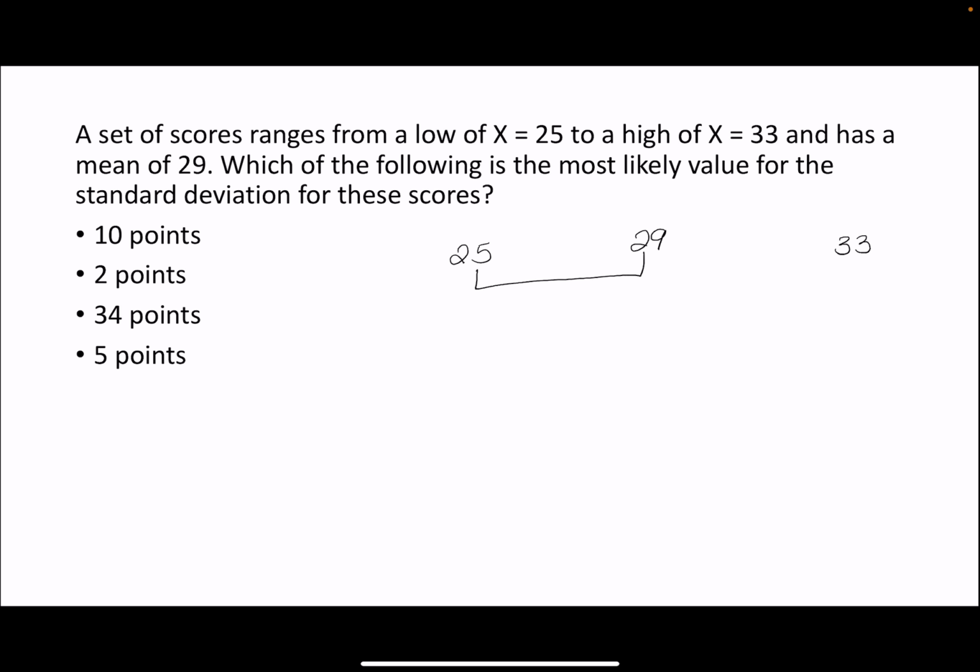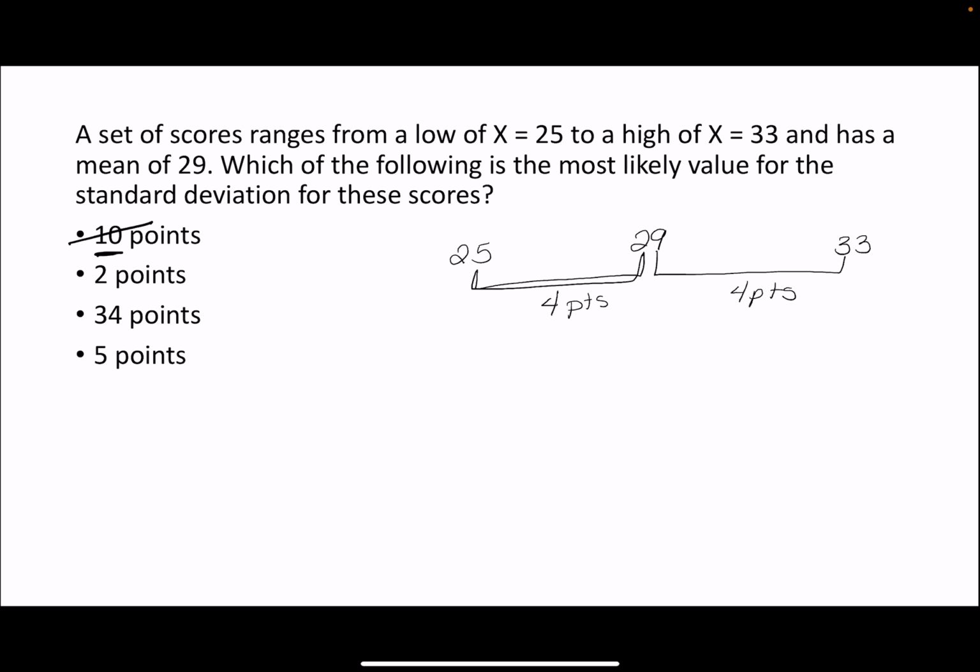The distance from here to here is 4 points, and the distance from here to here is also 4 points. So I can't have a standard deviation that's 10 points when the difference between my mean and my low value is only 4. So that can't be right.